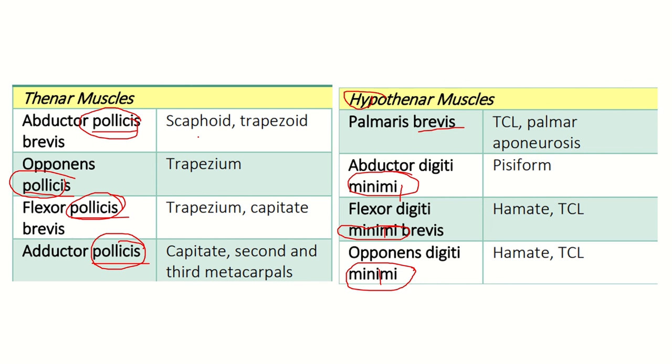Here we can see a similarity: minimi. The hypothenar group is the minimi group with palmaris brevis. So the thenar group contains all the pollicis muscles, and the hypothenar group the minimi muscles with palmaris brevis.